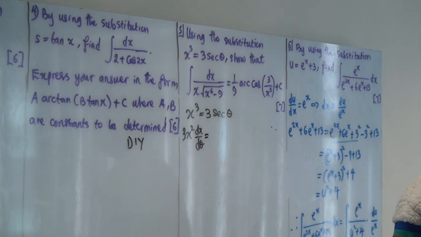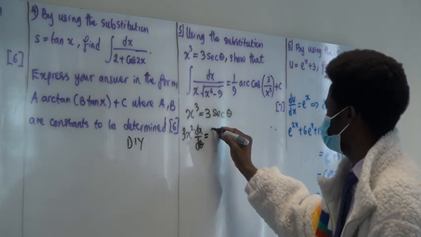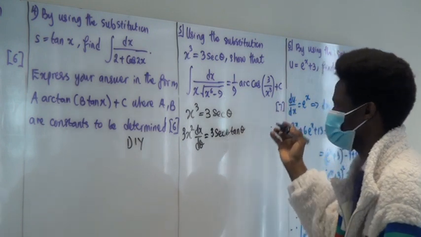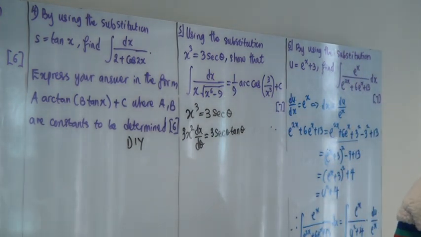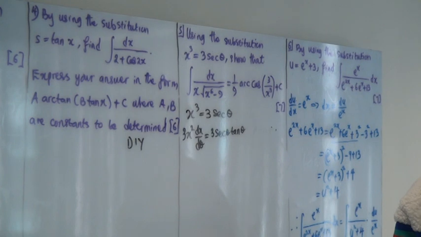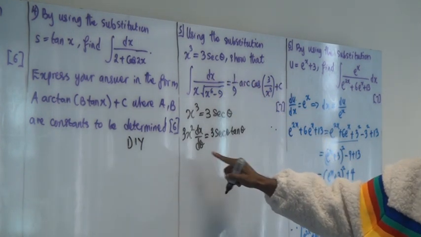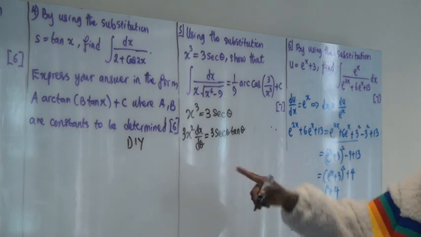Check your derivative formula. That should be sec theta tan theta, so this will be 3 sec theta tan theta. Remember, this is dx, so we need to make dx the subject so we can transform.